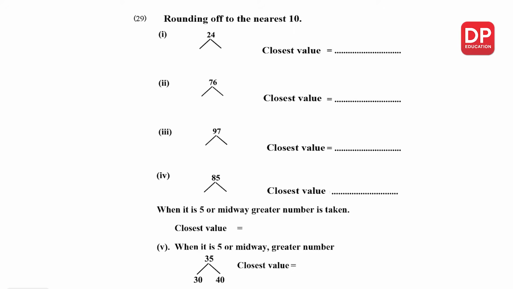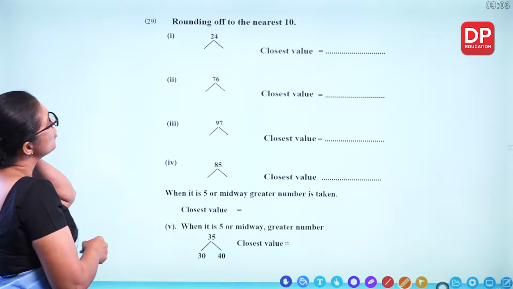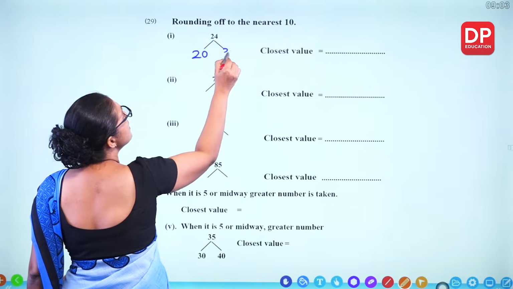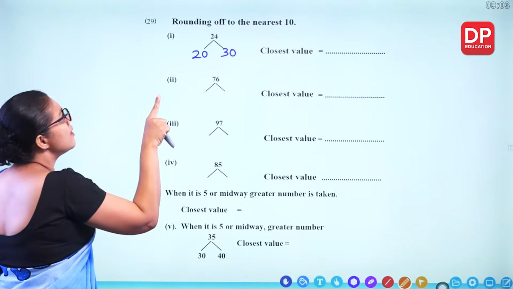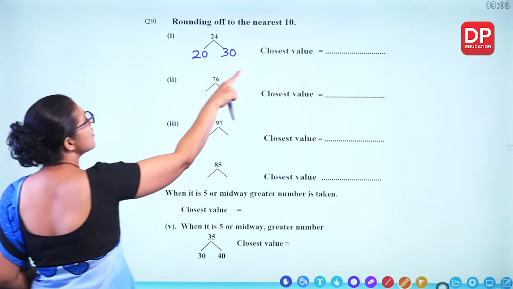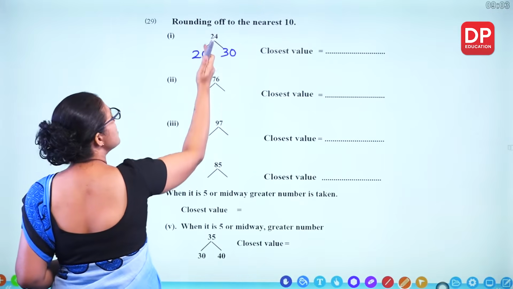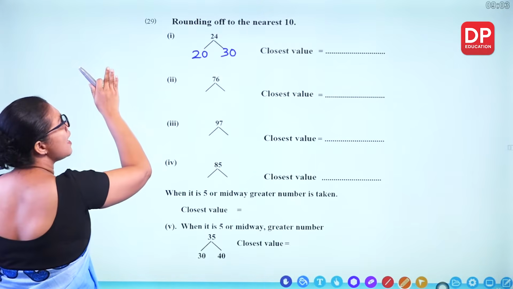Rounding off to the nearest 10, take 24. So 24 is in between 20 and 30. But close to which number? What's the closest value? The middle is 25, and 24 is less than the middle.